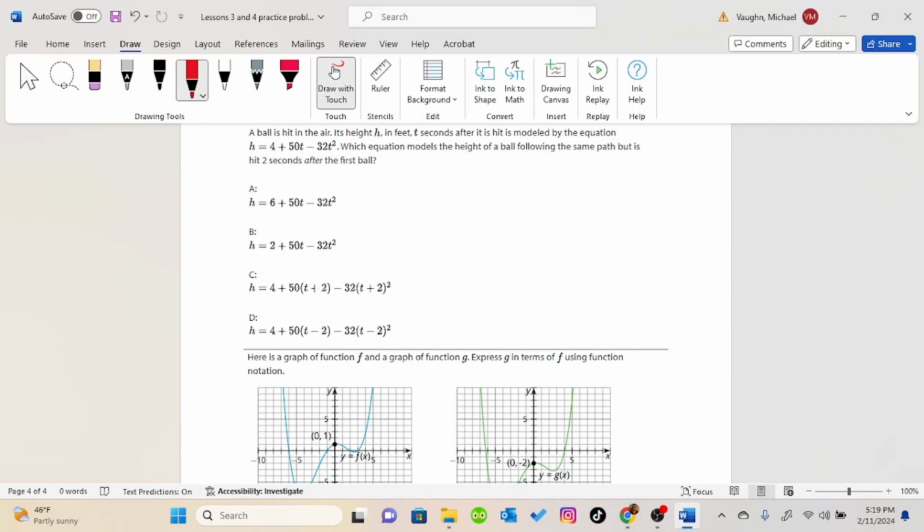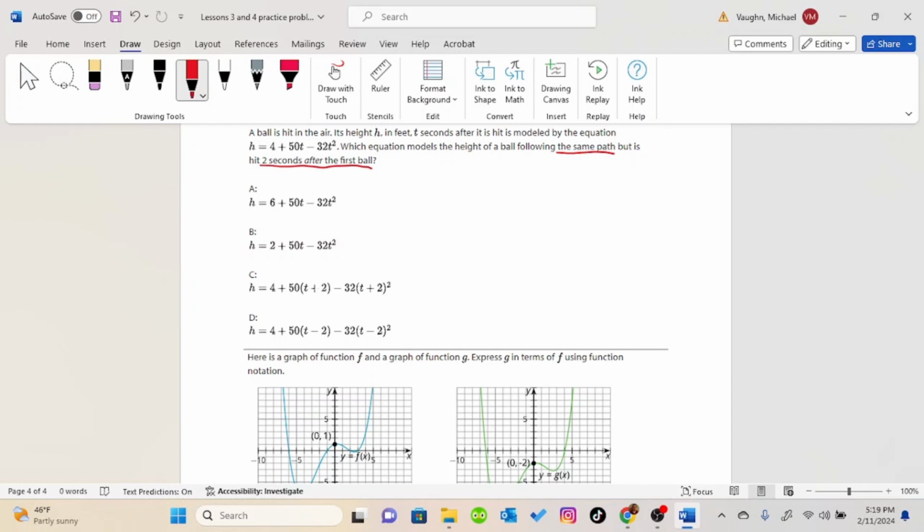So we need to look at what it's telling us. We know the same path, 2 seconds after the first ball. Now, t in time is the x-axis.